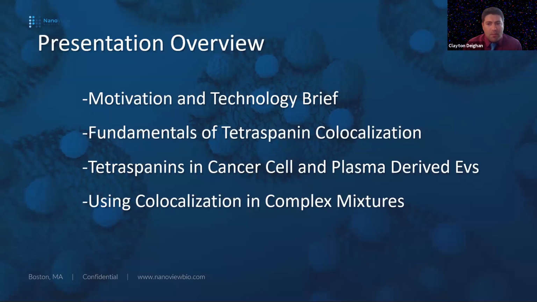So one's formed in the body by the milieu of cells that contribute to plasma EVs. One's formed in a dish by cancer cells. They have surprisingly similar displays of the tetraspanins, but very different loading of different markers. And then we'll look at utilizing the colocalization aspects in complex mixtures to track the subpopulation within the plasma. And I think that'll leave us at a pretty exciting place.